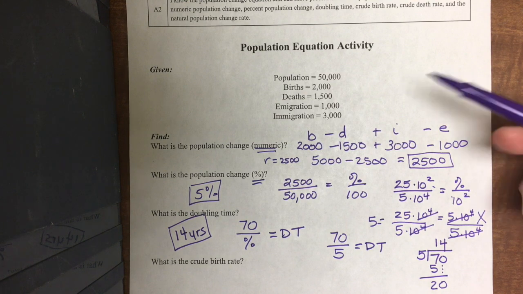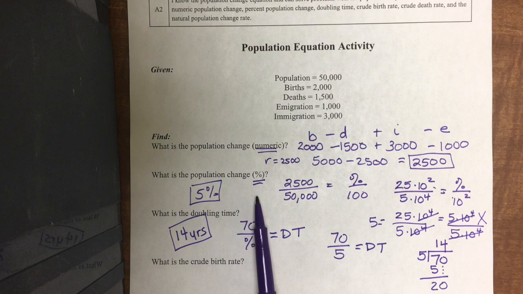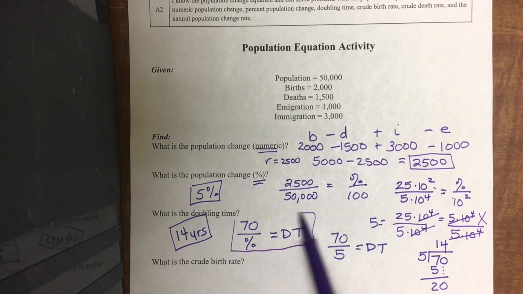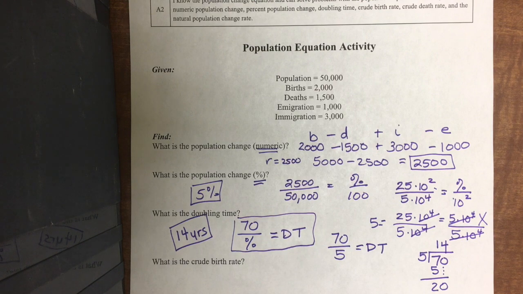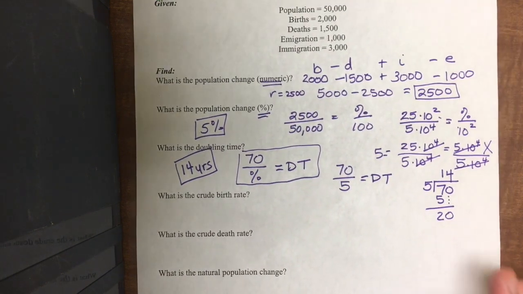So here I can take this information, I can find a numeric population change, I can find the population change in percent, and then I need to just know this equation for doubling time. Now, demographers, people who study population change, will often talk about the crude birth and crude death rate. Why? I have no idea, but this is how they talk about it.